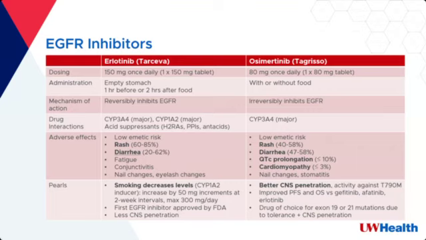Cardiomyopathy is also a potential risk, albeit low. It's still important to get a baseline echo in these patients with monitoring throughout treatment. Like I mentioned, this agent has good CNS penetration. It also has activity against a resistance mechanism or mutation to EGFR inhibitors called T790M. And overall, this is the drug of choice for our exon 19 and 21 mutations based off of overall tolerance as well as that CNS penetration.